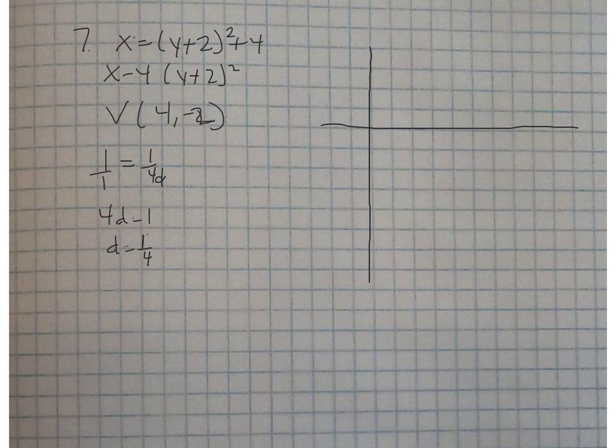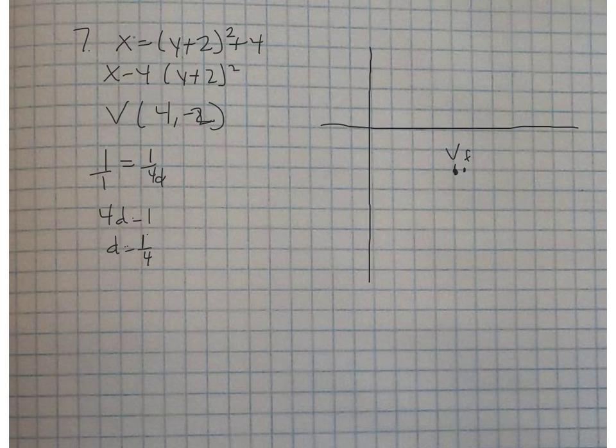So some of this other stuff we do from the graph. So I'm going to put the vertex on here. And that's why I have graph paper, because sometimes it is a little bit easier to make sure it's lined up correctly. And so since it opens to the right, the focus is 1/4 or 0.25 to the right.